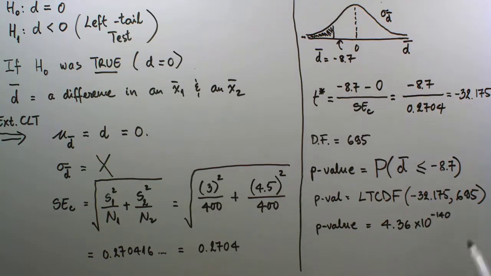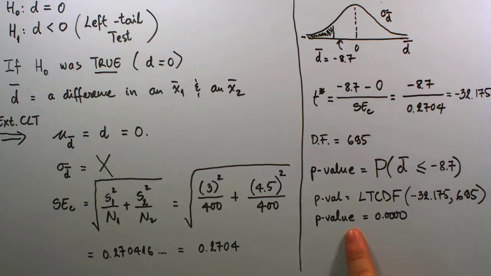But as I keep saying, unless specified otherwise, throughout all of my video lectures in testing a hypothesis, I will round my p-value to 4 decimal places. So in 4 decimal places, this p-value of mine is 0.0000.